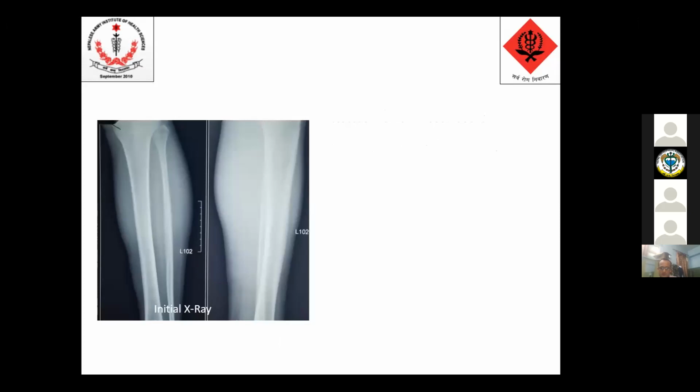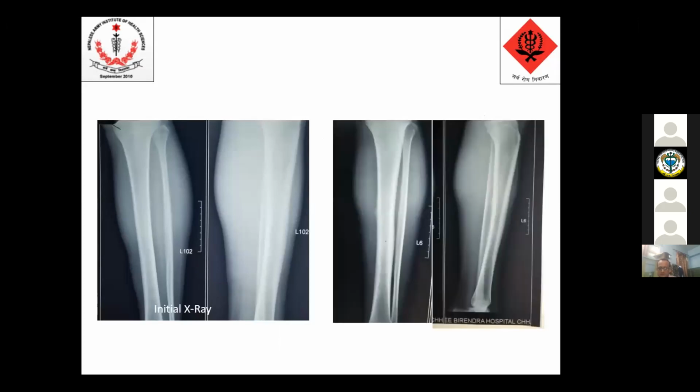At follow-up after 2 weeks, the X-ray showed focal periosteal cortical new bone formation that suggests stress fracture of his left leg, and the patient was managed conservatively with a long leg cast.